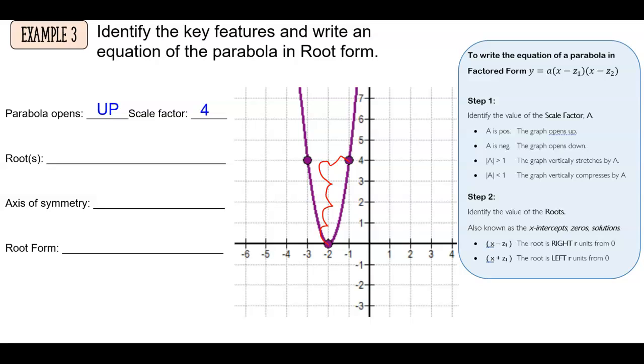What are my roots? So where does it touch the x-axis? -2, 0. And that's it. Now we need 2 roots, but we only have 1. So this is what we call a double root. Go ahead and write that down.